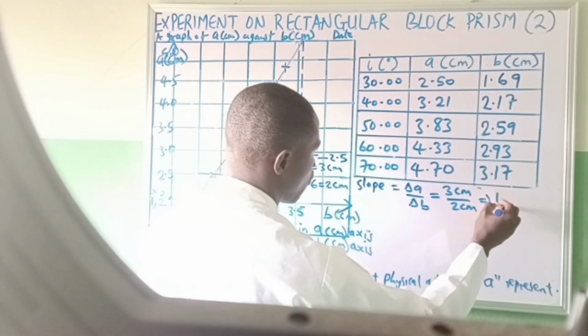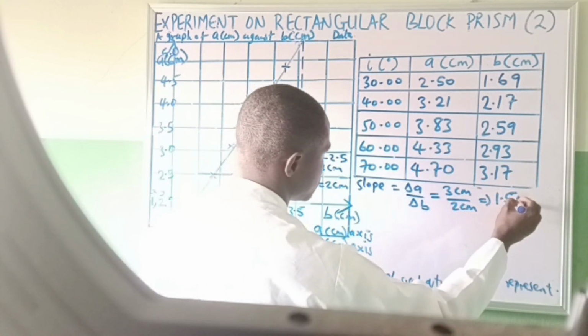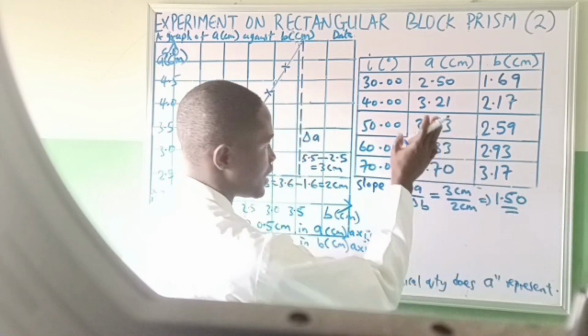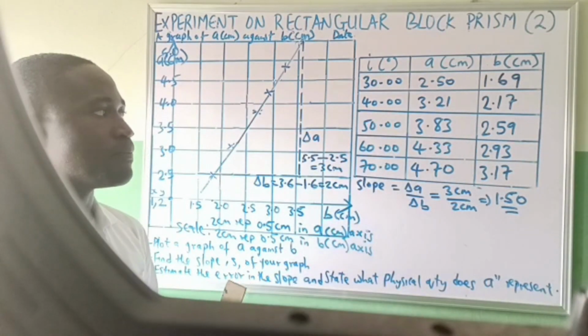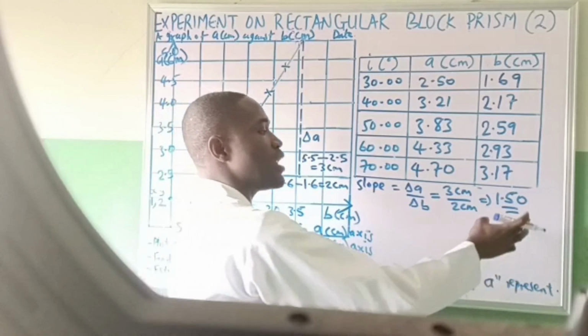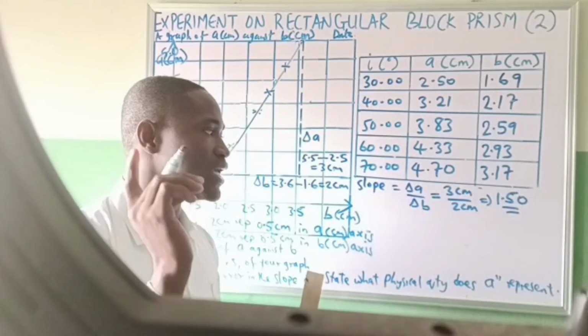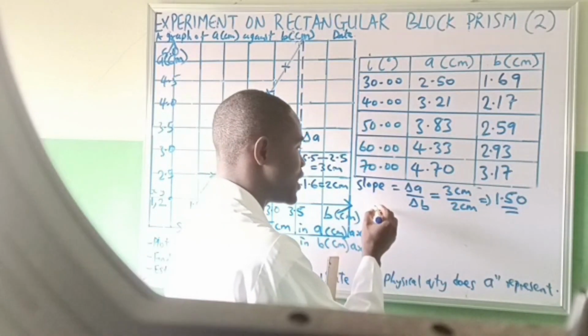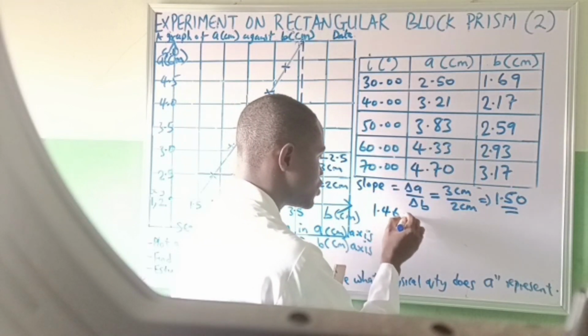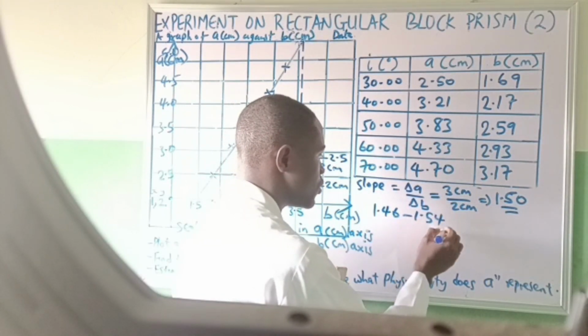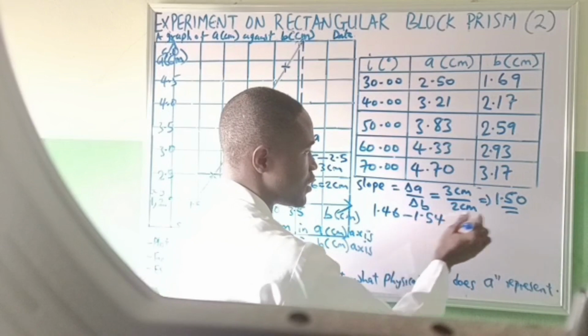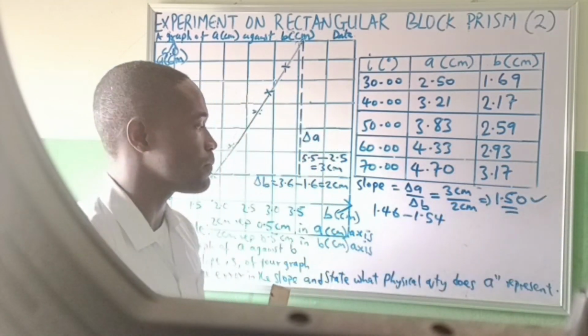That will be giving you 1.5. This is the refractive index of this prism. Yes. So we have been able to get it. Remember we said it has a range. That the range is 1.46 to 1.54. Answer we got falls in the range, so we'll mark it good.